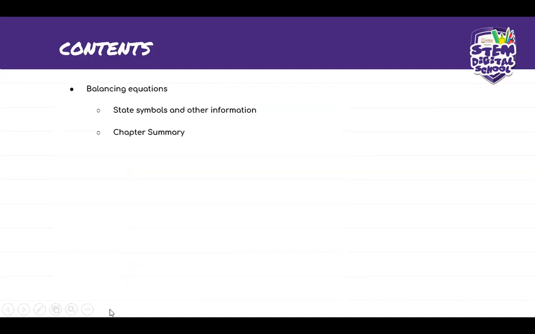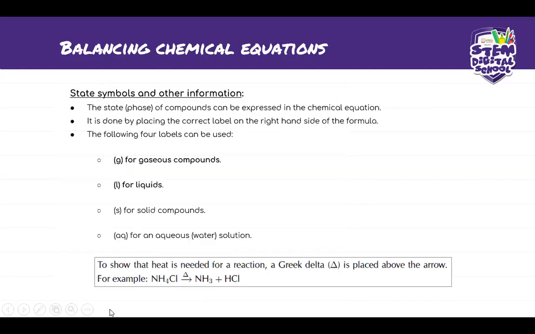Our work for today, we're going to state symbols and other information, and we're going to do our chapter summary. Okay. So state symbols and other information. The state or phase of the compound can be expressed in the chemical equation. Remember, I told you guys even when we were doing the symbols that there'll always be symbols that are required because you need to know in which phase your element is.